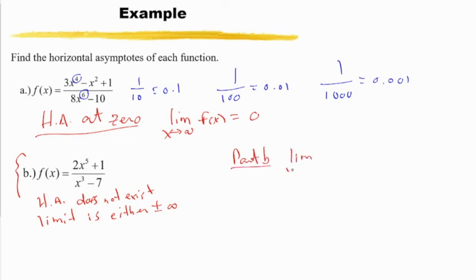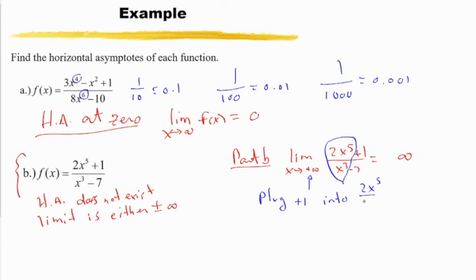let's look at the limit as x goes to positive infinity of 2x to the 5th plus 1 over x cubed minus 7. And we know this is going to be some form of infinity. We just want to figure out what form. Now, we just need to consider the two highest degree terms and say, since x is going to positive infinity, let's plug positive 1 into 2x to the 5th over x cubed, because these two are going to determine the sign because they have the most influence.